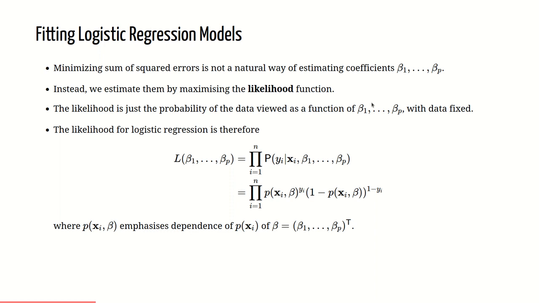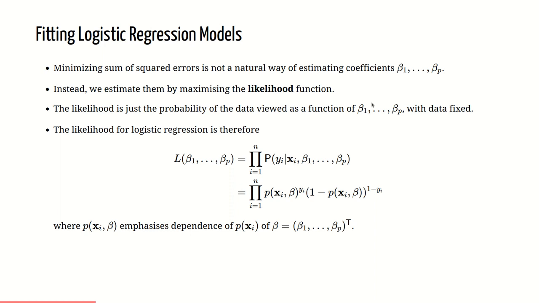So for linear regression, we assume that y is normal, conditional on the linear predictor, i.e. the residuals are normal. That's the assumption that we make. And the normal distribution, if you look at the probability distribution of that, is maximized when the sum of squares is minimized. And we do a similar thing here.